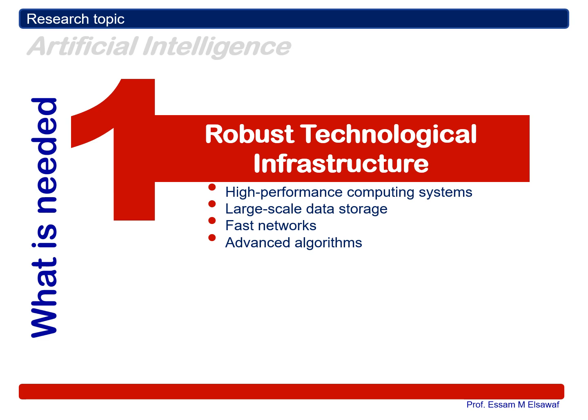What is needed for such technology? First of all, we need robust technological infrastructure. Robust here means very fast. Such infrastructure might be high performance computing systems, some sorts of computers, but highly performing. We need large scale data storage.